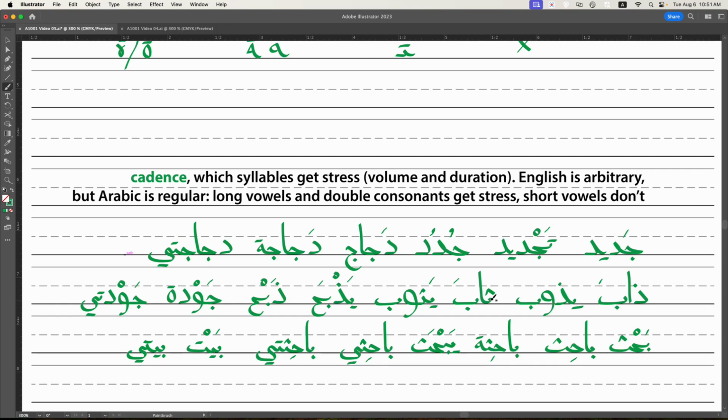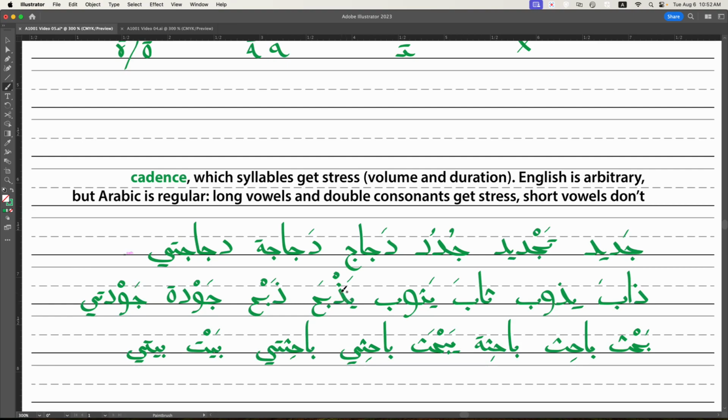Same thing with your mouth, teeth, lips, and tongue, but you're not vibrating your voice box. So this is thaba, and this is dhaba, and this is yadhub, and this is yathub. So they sound really similar, especially in a microphone here, but they're not, because with thal you vibrate your voice box, and with tha you do not.